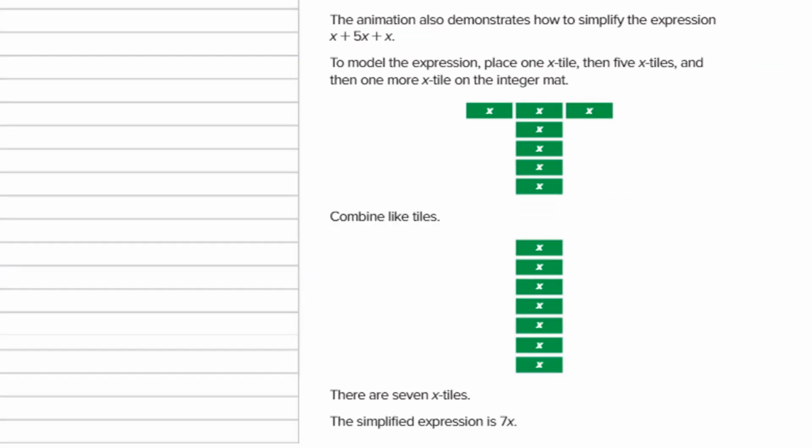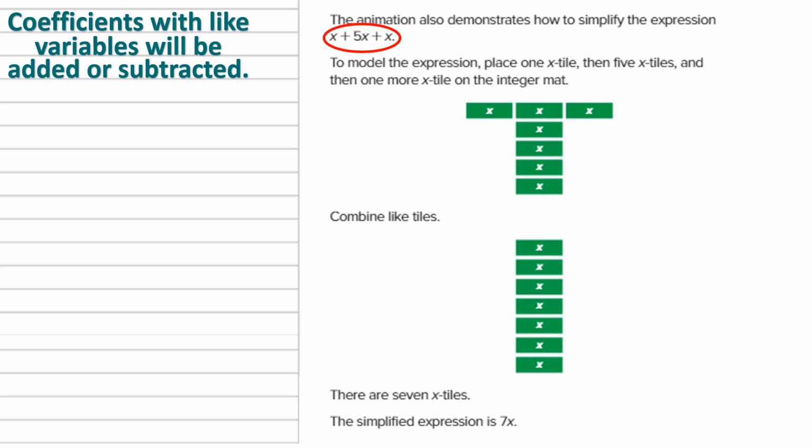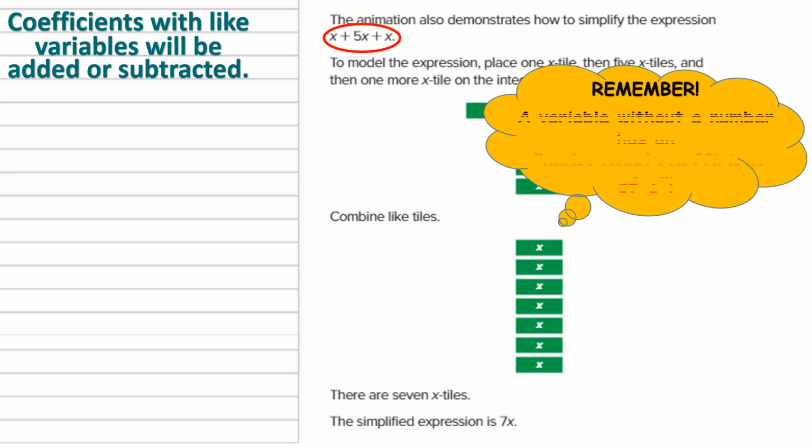Well, what if I have x plus 5x plus x? Okay, so understand once again, that is the understood coefficient of 1 with each of those x's. So if I understand that those are actually 1x, right, then I can add them together. So it would be the same as saying I have 1x plus 5x plus 1x.